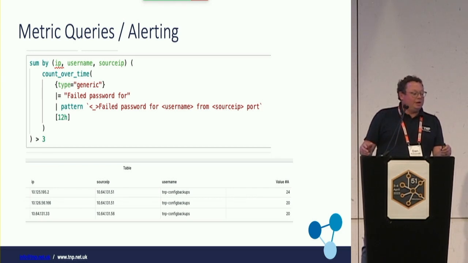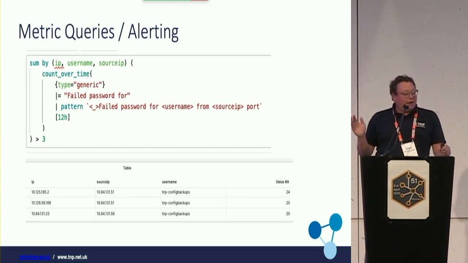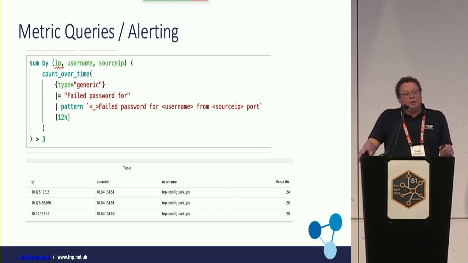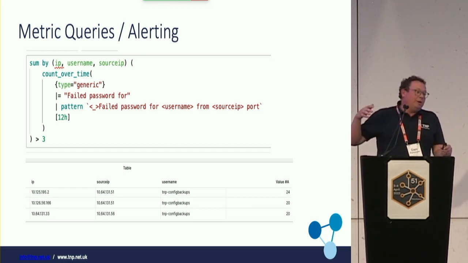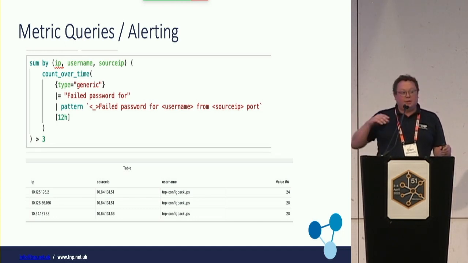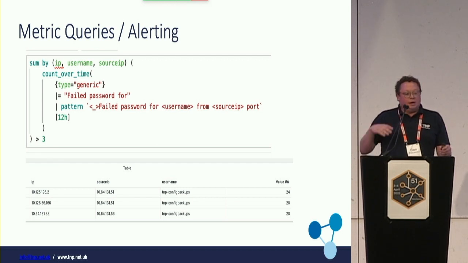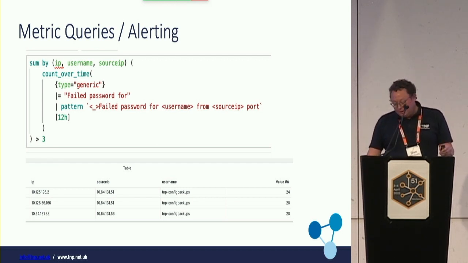We're extracting the username and the source IP, and then at the bottom we count those over a 12-hour period, and then we sum on that and get the output at the bottom. And it's with that that the real power with Loki comes, because you can then graph on that, you can create alerts based on it, and that's Loki's superpower really.